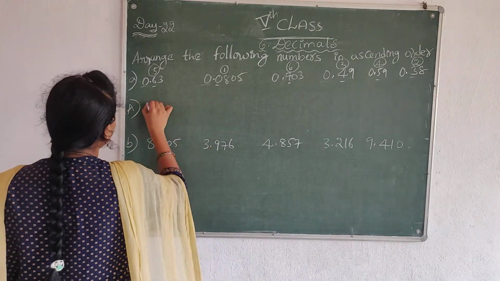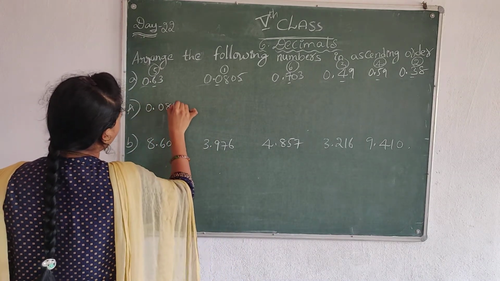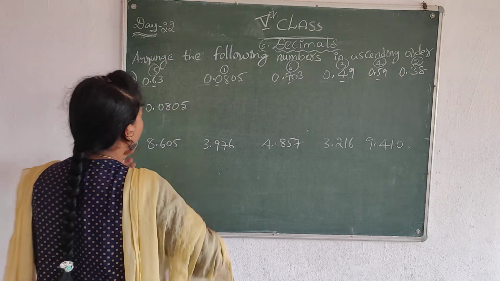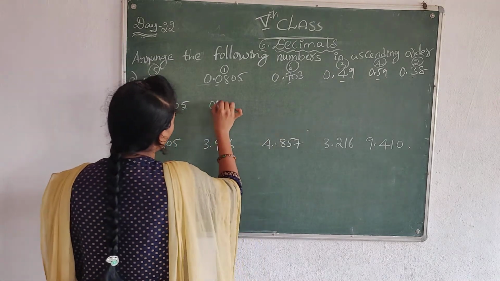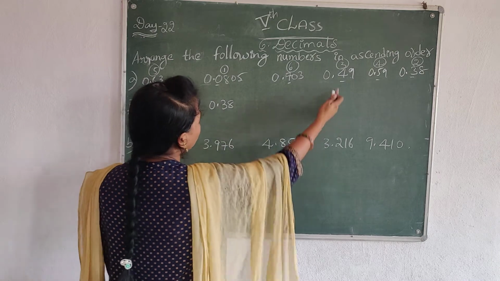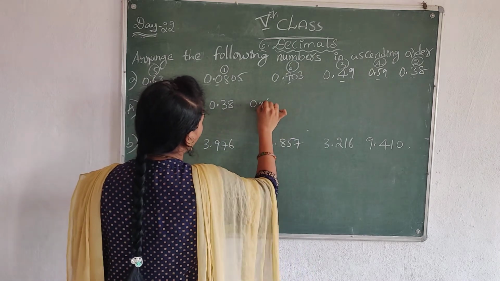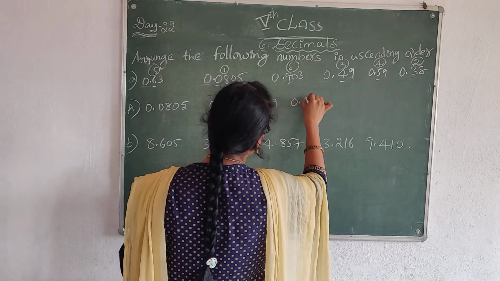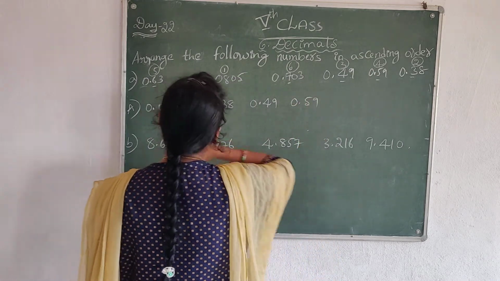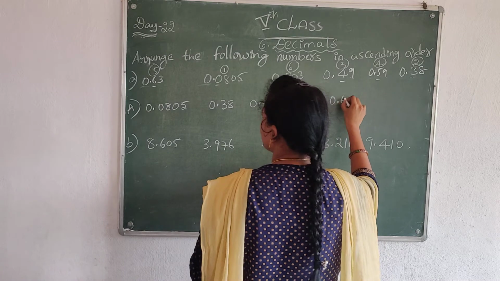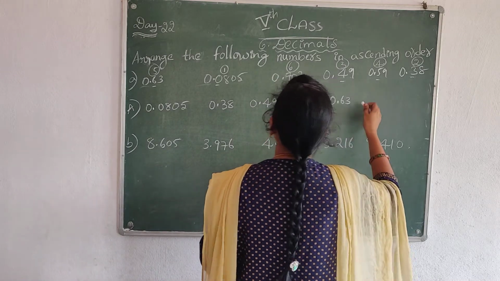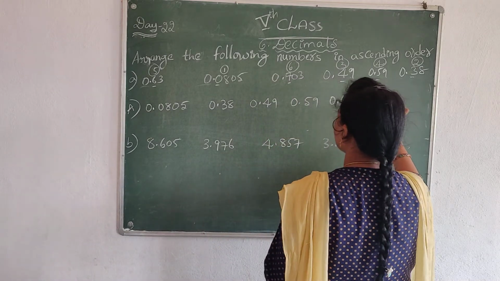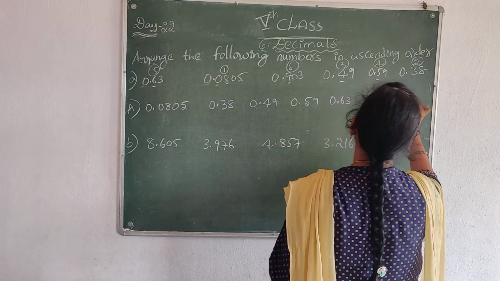The first one is 0.0805. The second one is 0.38. Third one is 0.49. Fourth one is 0.59. Fifth one is 0.63. Sixth one is 0.703.